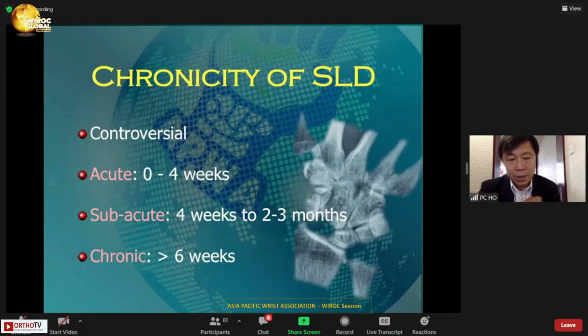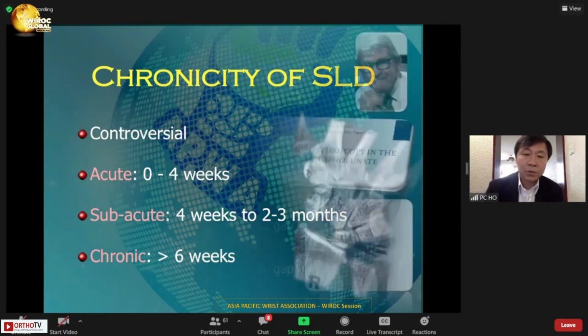If you see a chronic case beyond 6 weeks, one also has to consider some reconstruction method. Unfortunately, many scapholunate ligament injuries cannot be diagnosed early on because of the difficulty in diagnosis, and we all know about that. That's why sometimes we have very different results with different types of acute repair method compared to the reconstruction method.